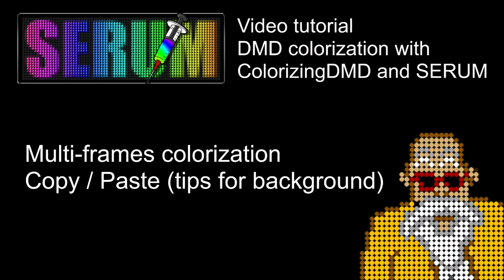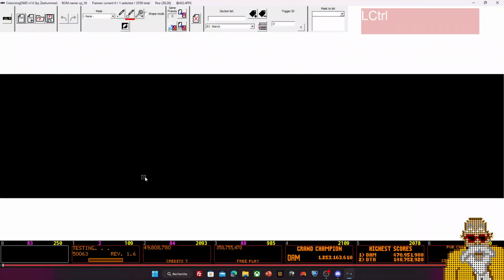We are now in the advanced techniques, so you really need to get used to the software a bit. What I would like to show you now in this video is how to do some multi-frame colorization and how to take advantage of one function that we implemented with copy-pasting.